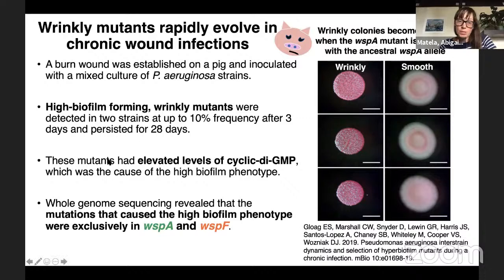These wrinkly mutants had elevated cyclic di-GMP, and that caused this high biofilm phenotype. And then performing whole genome sequencing, just like you guys did, in this case on Pseudomonas aeruginosa, showed that the mutations that cause the high biofilm phenotype were exclusively found in WspA and WspF.